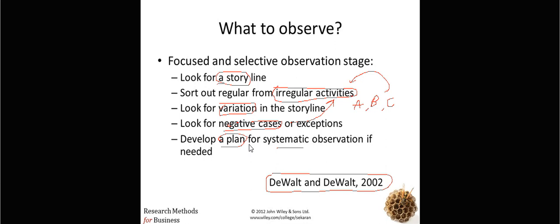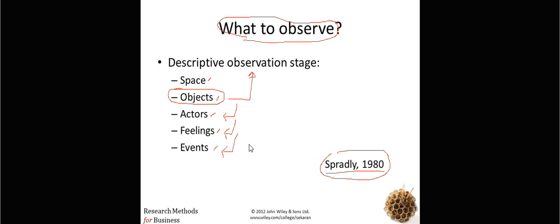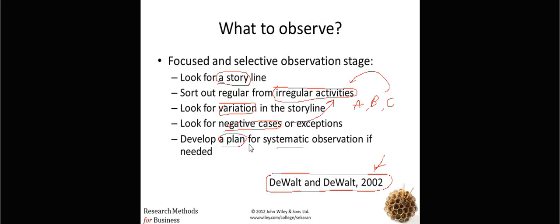So we can see that what is recommended by DeWall and DeWall 2002 is more comprehensive compared to Spradley 1980. Nampak daripada tahun ni we can identify the oldest one ni kurang comprehensive. Then we can see that the 2002 one is recommended as more comprehensive.